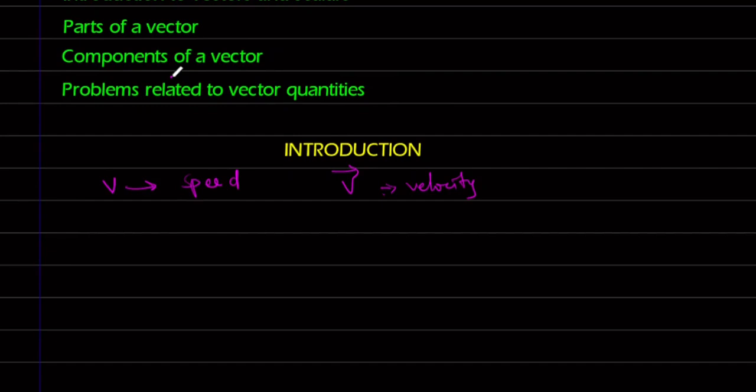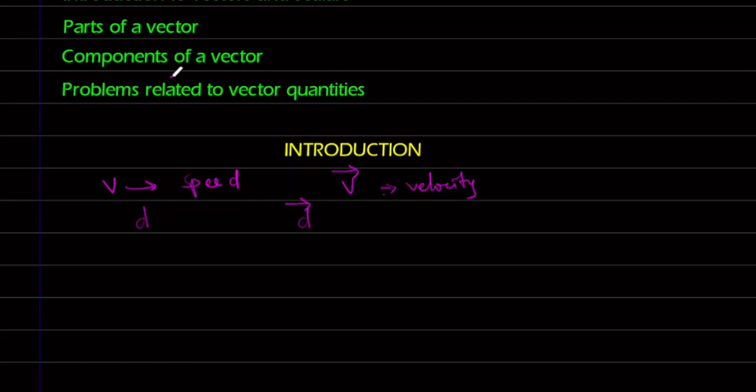Another example is distance and displacement. Distance is given as d, displacement is given as d, and we indicate it with an arrow. If we do not use an arrow for the displacement, we are simply writing distance. So for us to differentiate between distance as a scalar quantity and displacement as a vector quantity, once we use an arrow at the top of d, then it represents displacement.